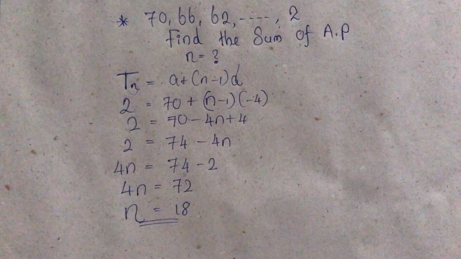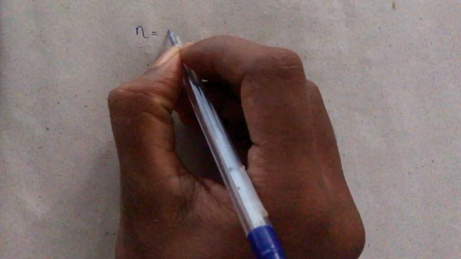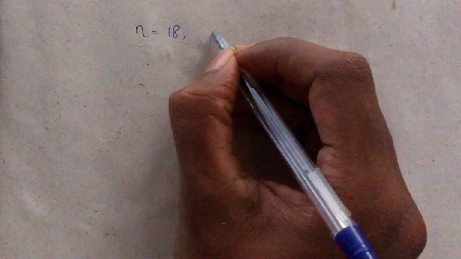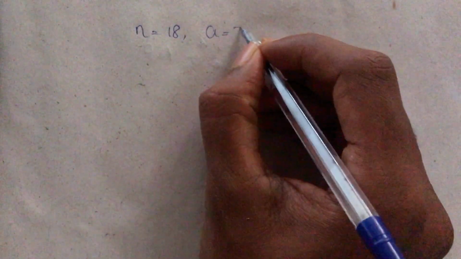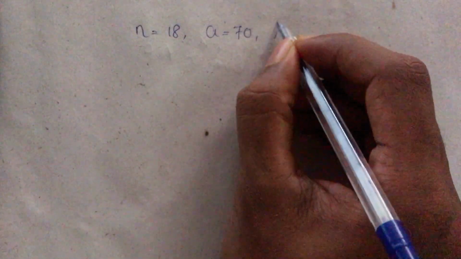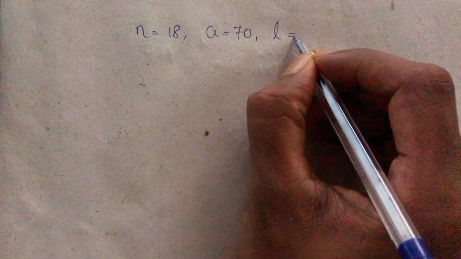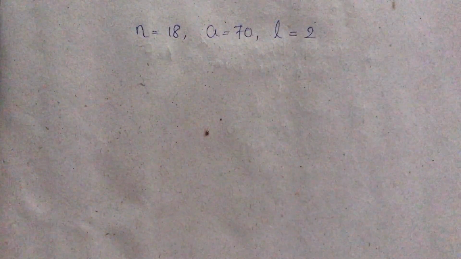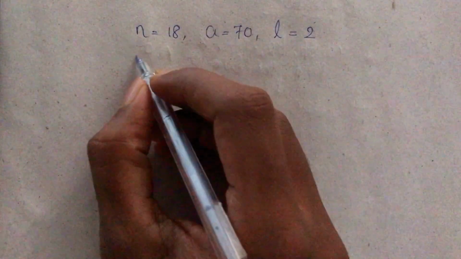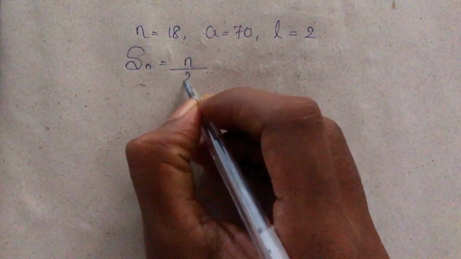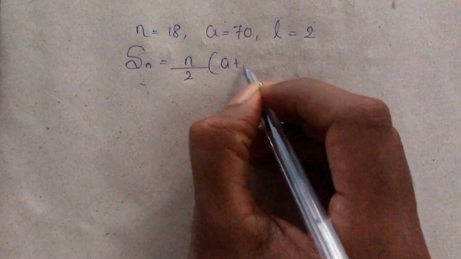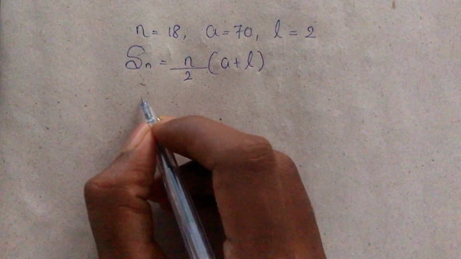Then you can move to the next part. We are going to find the sum of the first 18 terms. Then n equals 18. The first term, you can see, is 70. l is the last term, 2. Then you can use Sn equals n over 2 times (a + l) because you know the last term.